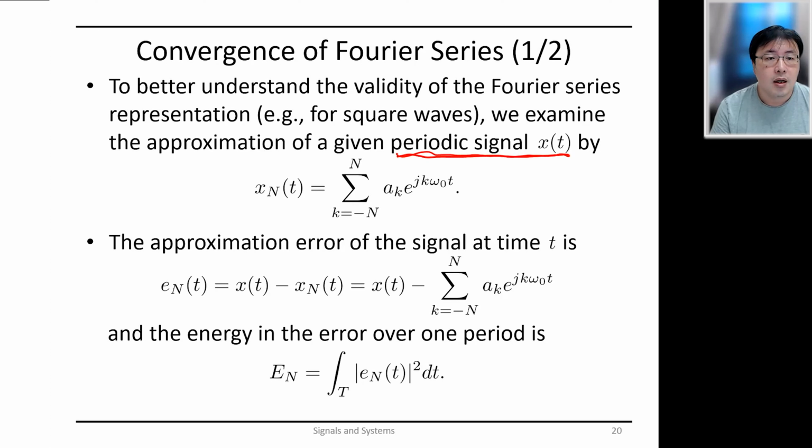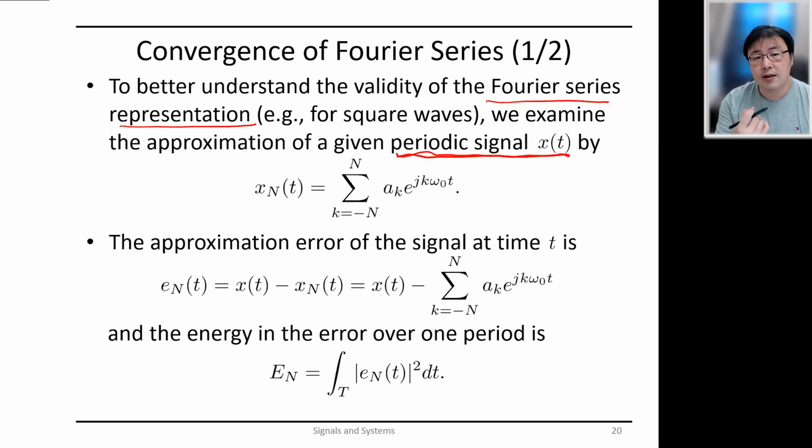So what we need to further analyze or discuss is the validity of this Fourier series representation for arbitrary signals, for example, the periodic square waves that we just gave in the previous example.